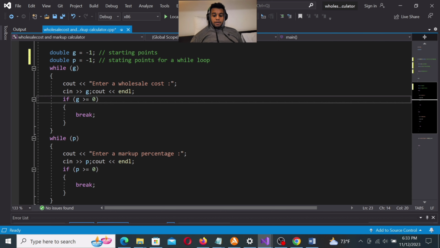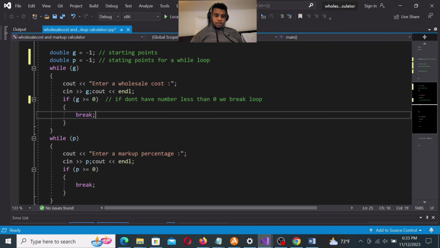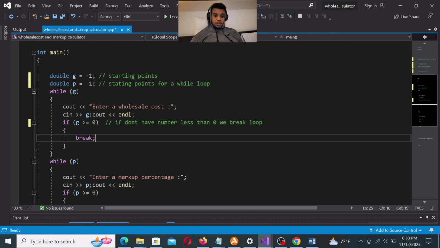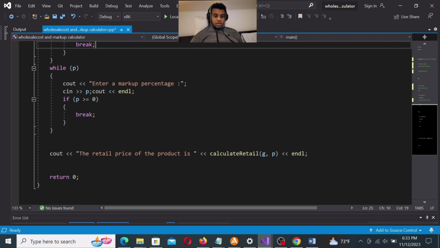So if we don't have a number less than 0, we break the loop. Same theory applies to this one, but this is for the markup percentage and the other is for the wholesale cost.